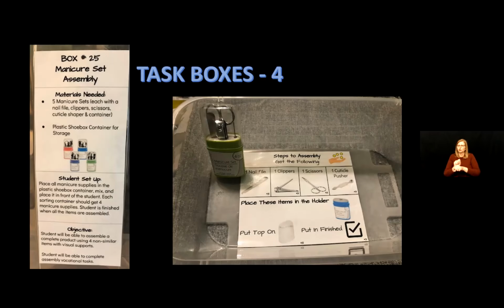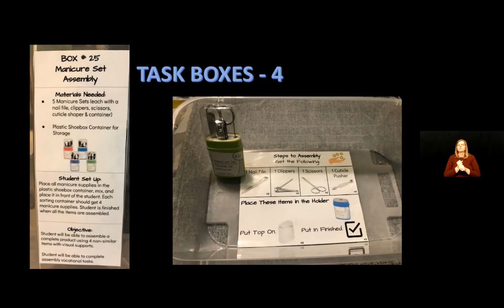And so on this one, again, I start with a shoebox that cost $1. And then this one calls for 5 manicure sets. I use 6. And the reason I use 6 is I like to have one that's already completed.